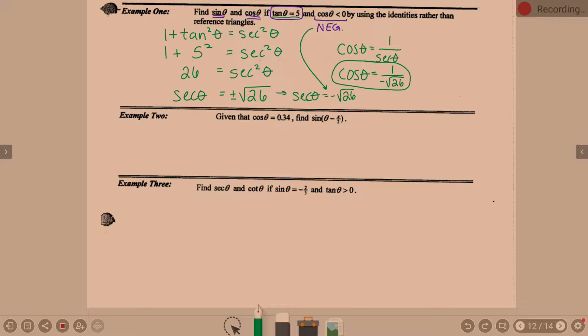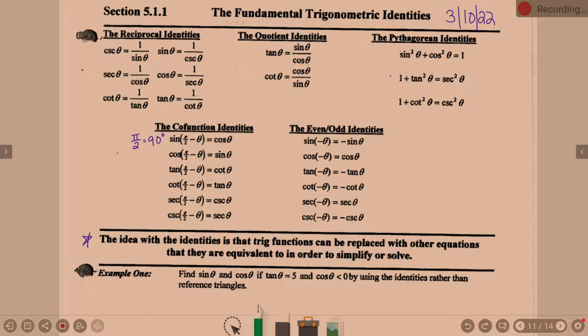Now, I know tangent. I was given tangent. I now know cosine. I need to find sine. We could go two different ways here. So glance up at your identities. If I know tangent and cosine, how could I find sine?